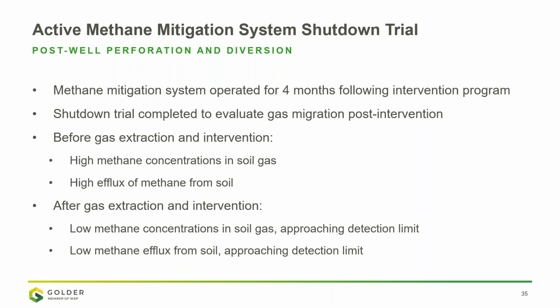And so a shutdown trial was completed where we turned off the soil gas extraction system and looked for the concentrations in the soil gas to stabilize. And they bounced around for a while, and I think we've got a plot of it next. We'll just switch over to that one.